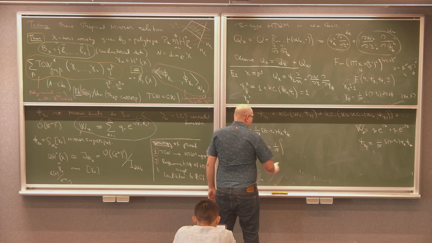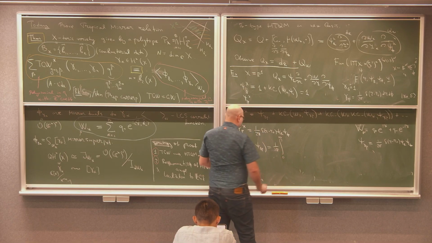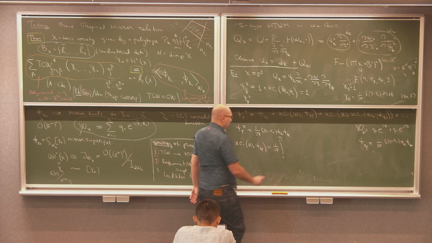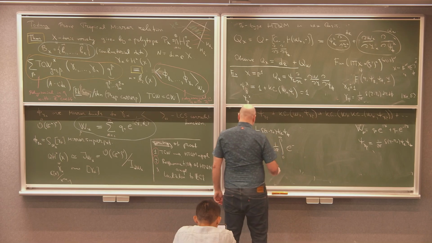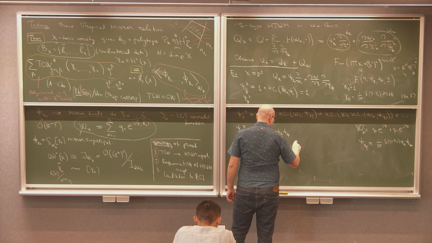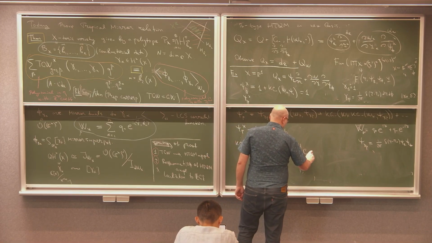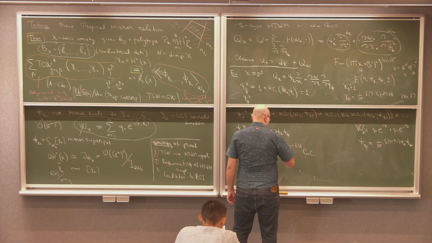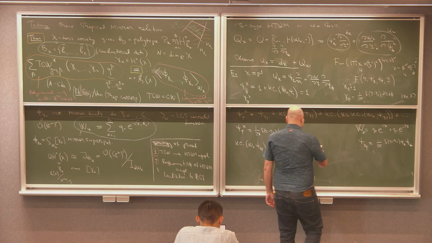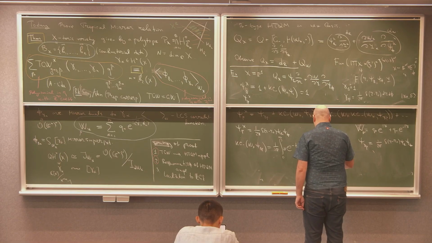Now let us recall that this homotopy K was the integral of e to the minus t dH, G plus G minus dt, applied to this very same product.